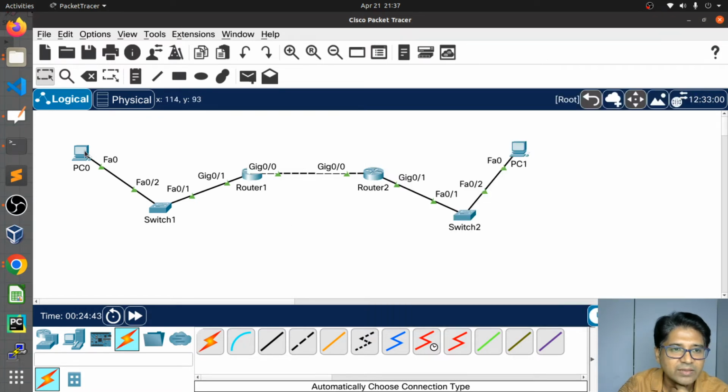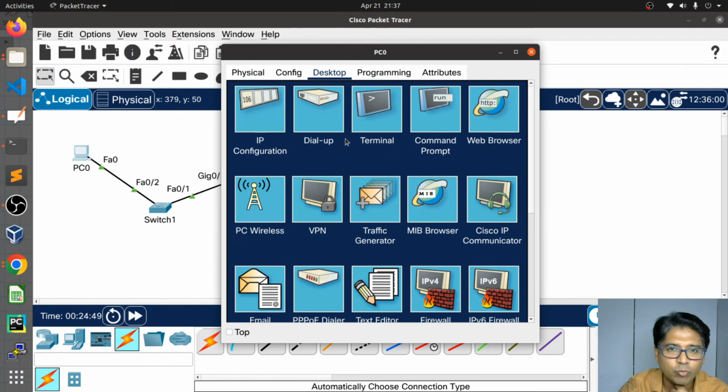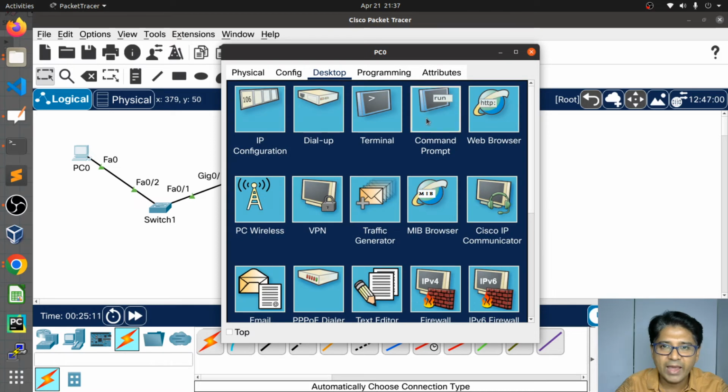Let's configure the IP address of this PC. I will give it 192.168.1.100, then the subnet mask, and the default gateway I will take 1.1, which we have.